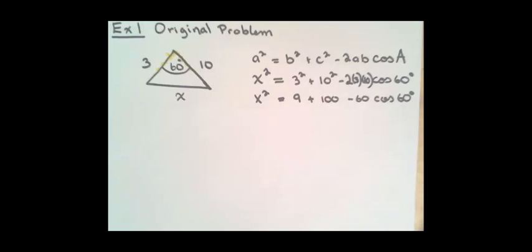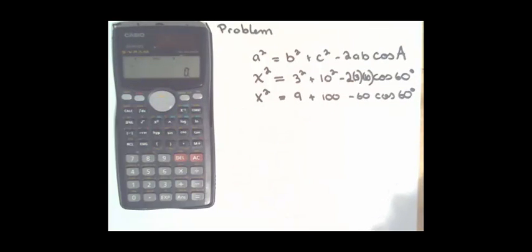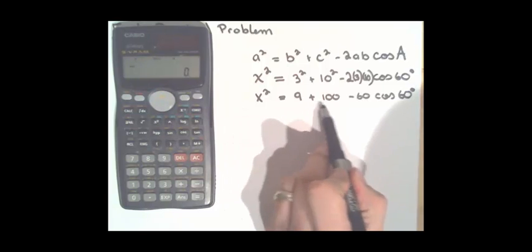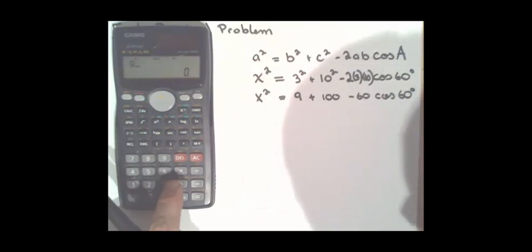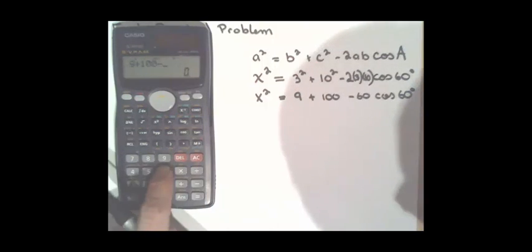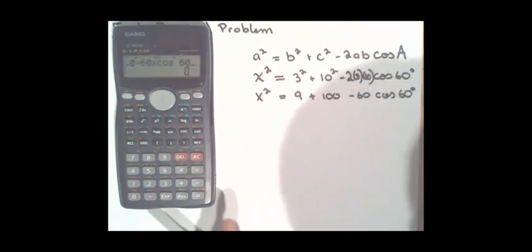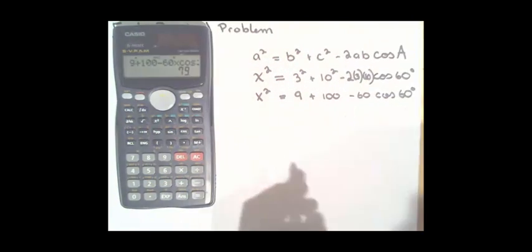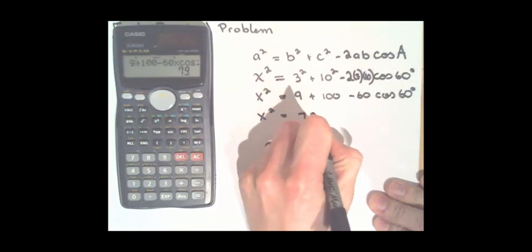Okay, Rebels, grab your FX991 MS calculator or equivalent, and you can do this in one shot. The math says we have to do 9 plus 100 minus 60 cos 60 degrees. It can happen in one take here, and then you get 79. So x squared equals 79.